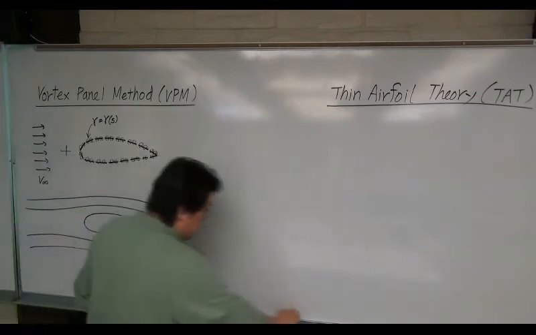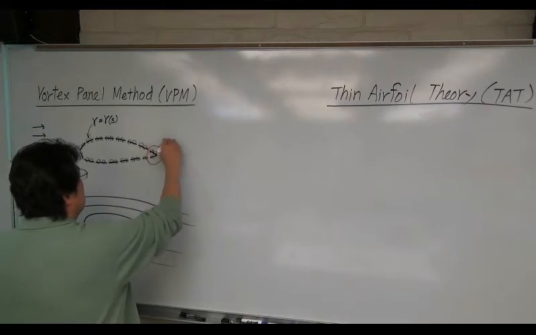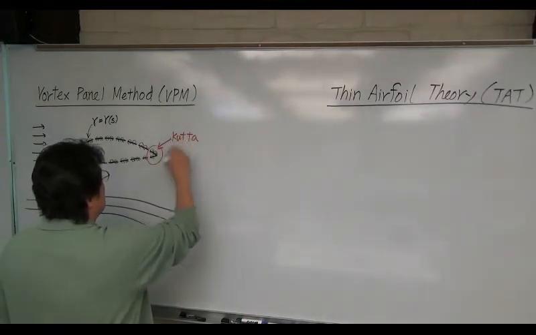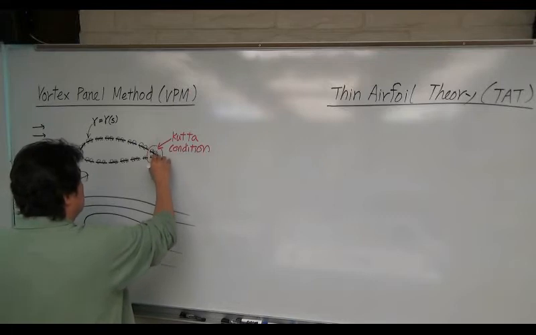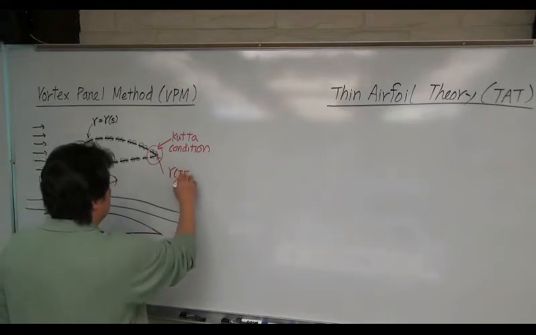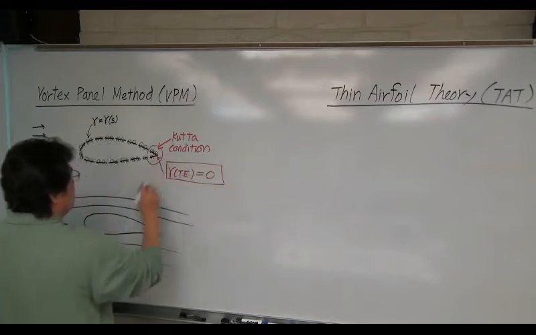Now, one thing you shouldn't forget is that this method is going to enforce the Kutta condition. The Kutta condition really means that the circulation at the trailing edge must be set equal to 0.